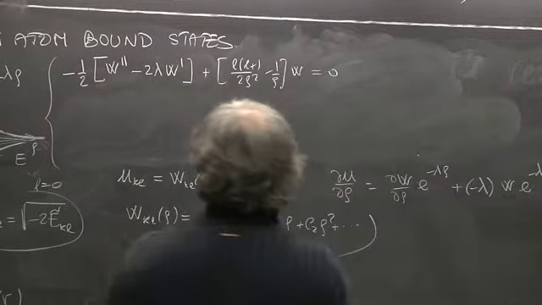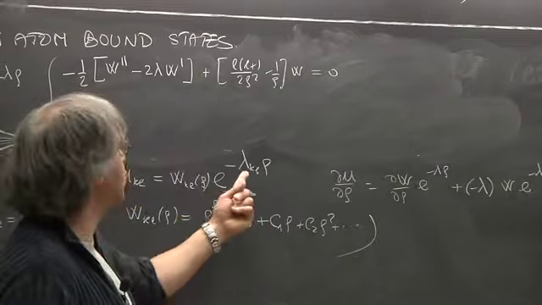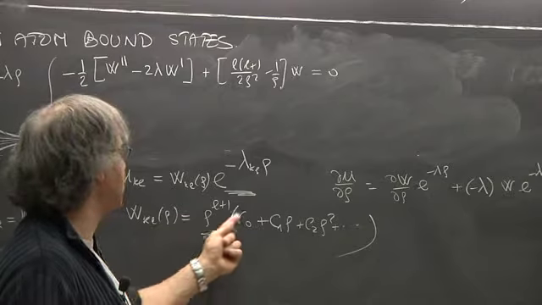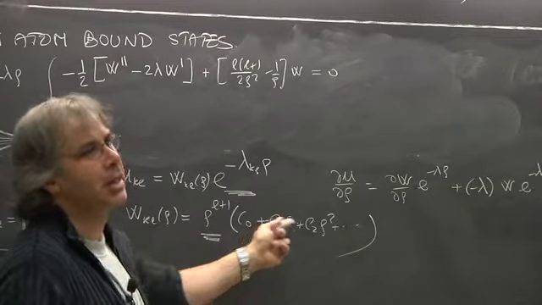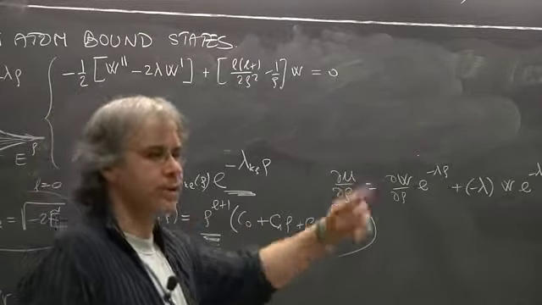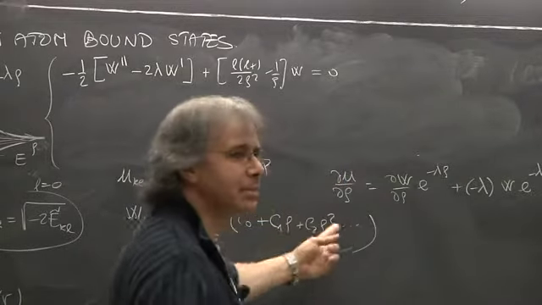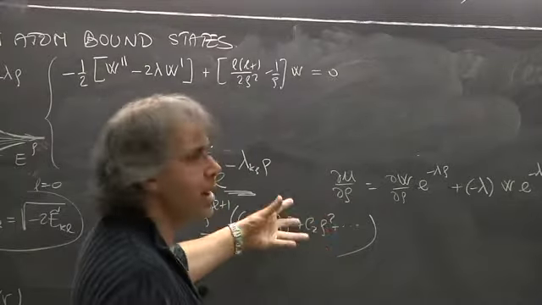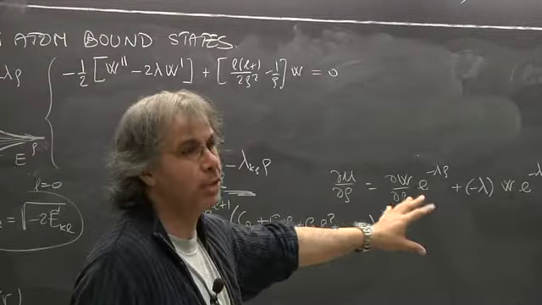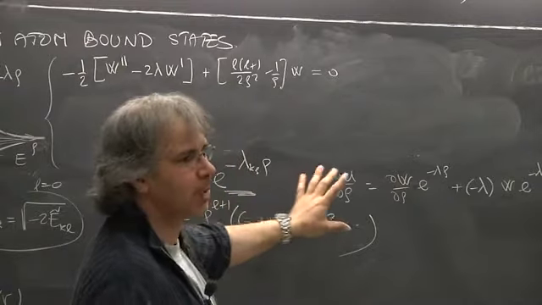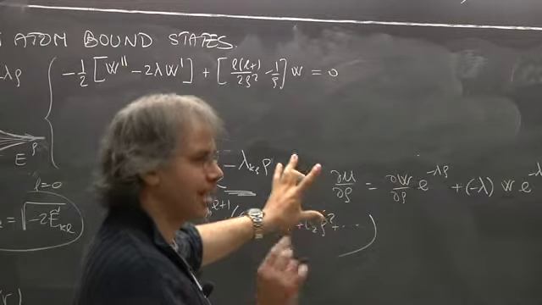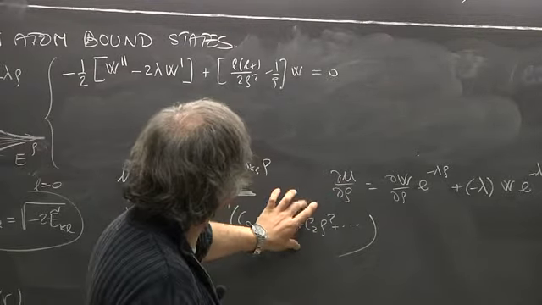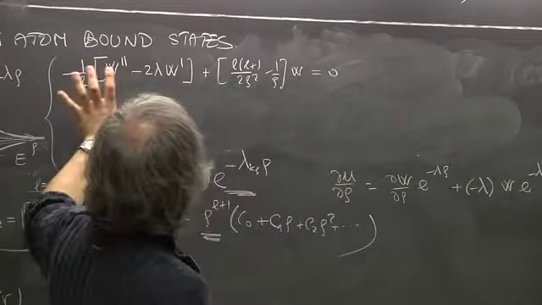Now I have essentially exploited my knowledge about large rho. I have still not exploited my knowledge about this function starting like this and then possibly having certain coefficients, which we want to determine. In some sense, our problem is now to determine C0, C1, C2 in such a way that this infinite power series, or in any case, this power expansion, we will comment about the infinite nature in a second, will satisfy exactly this.